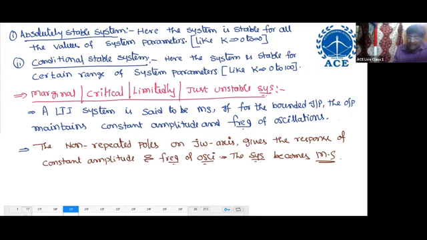Next, relative stability. It is approximate only, not exact actually. For exact relative stability, you have to go for the frequency domain.